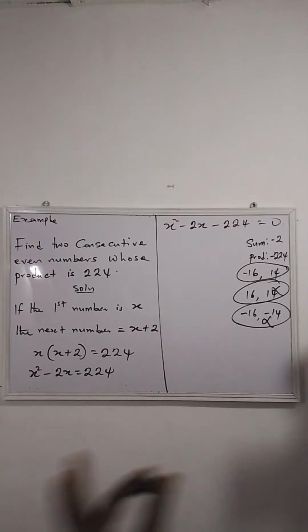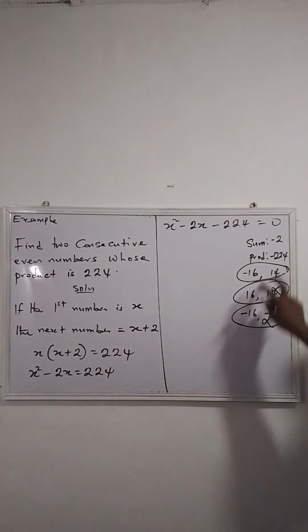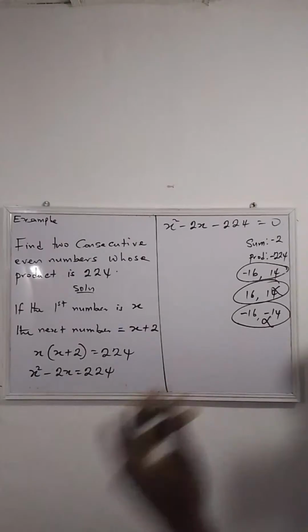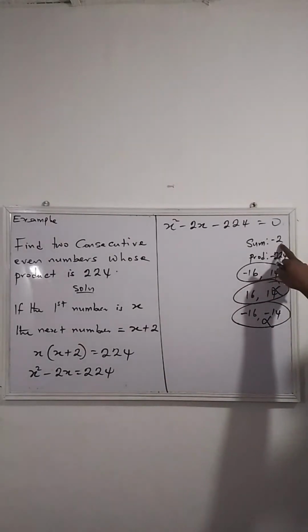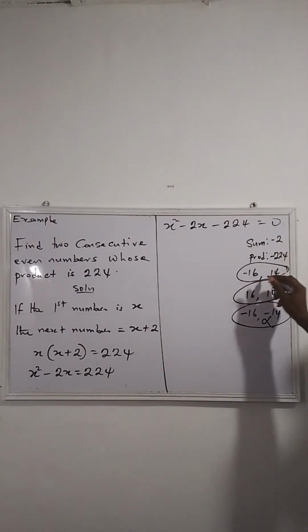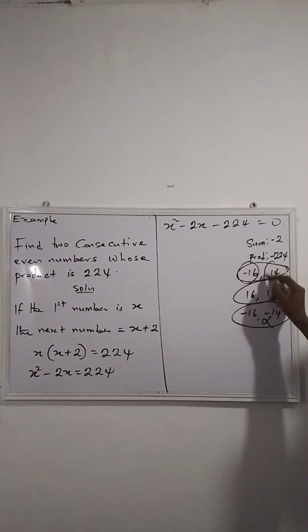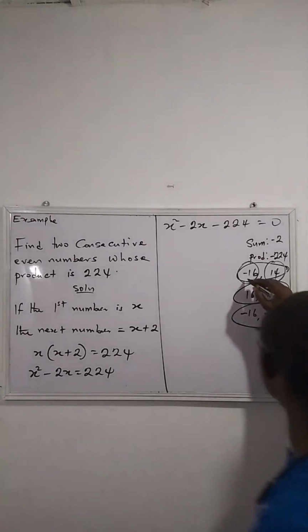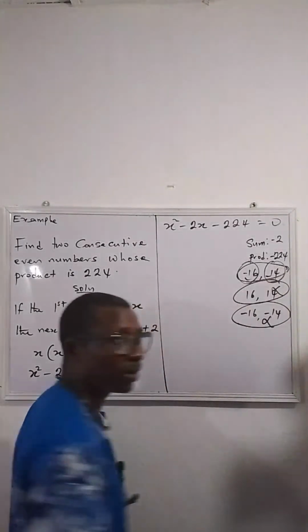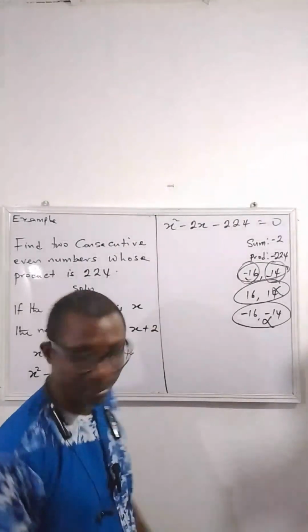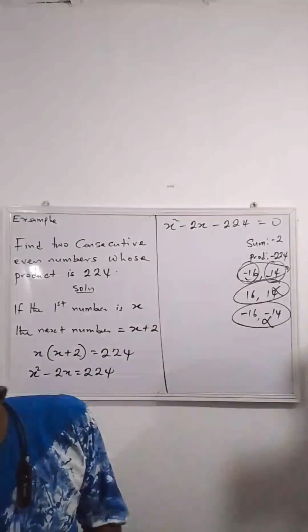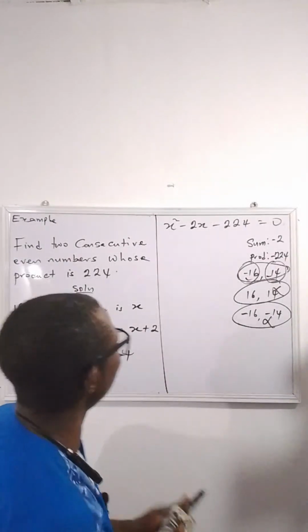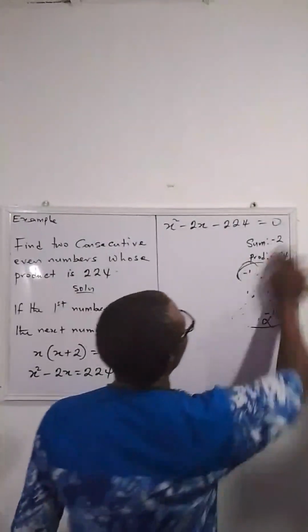If you have a debt of 16 and you have 14, you'll be left with a debt of 2, and debt is minus 2. Can you see that now? So the two numbers are these. If this is your answer, put your hands together for yourself. If this is your answer, minus 16 and plus 14, that is the two numbers.